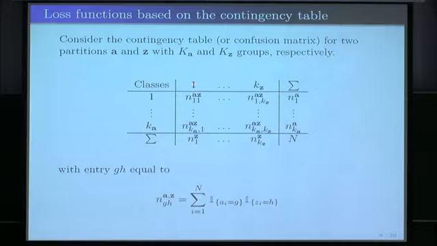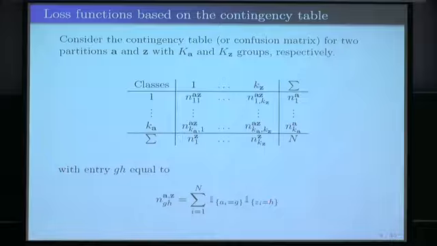So what this tells us is we have partition Z with classes 1 up to kz, and partition A with classes 1 up to ka. The entries of this table count essentially the number of times that observation I in partition A is set to G, and observation I in partition Z is set to H, added over all observations.